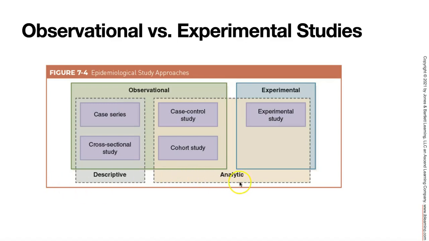Whereas in our analytic studies, which include our case control studies, our cohort studies, and our experimental studies, we're going to analyze our results because most likely we will have a comparison group. Then we can present our results.